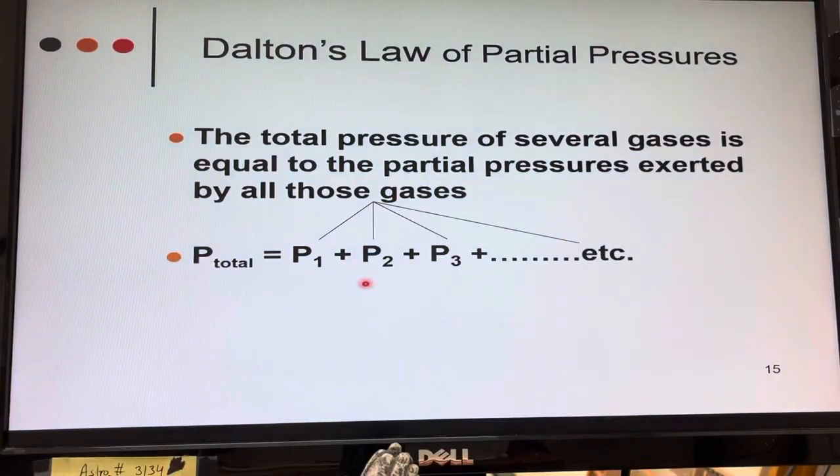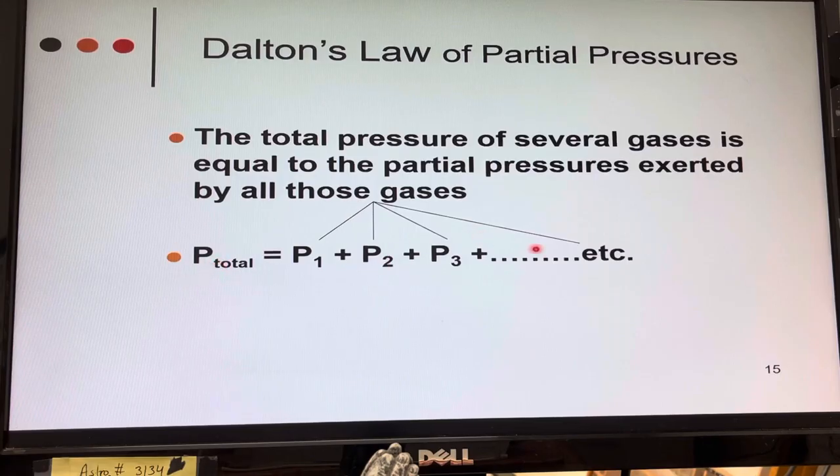All right. There's a law that's not quite in the other laws that we're going to discuss today, but it's called Dalton's law of partial pressures. The total pressure of several gases is equal to the partial pressures exerted by all those gases. So if I have several gases in an environment, in a container, each individual gas's pressure, I simply just add them up, and that would be the total pressure of all the gases present, okay?